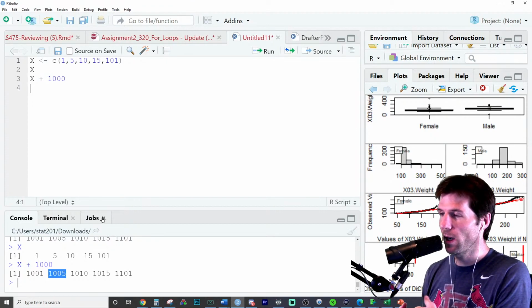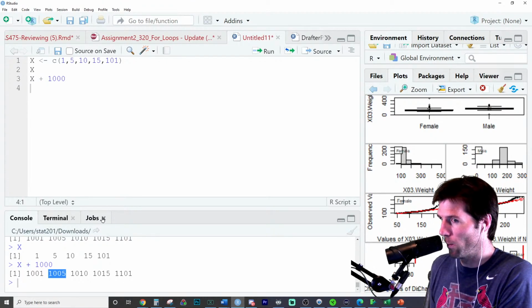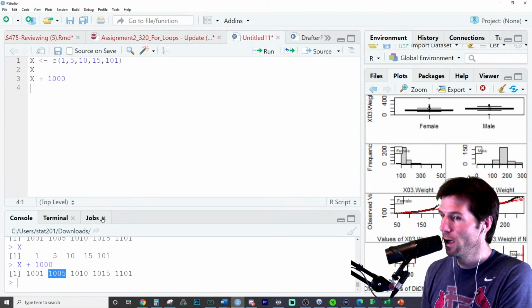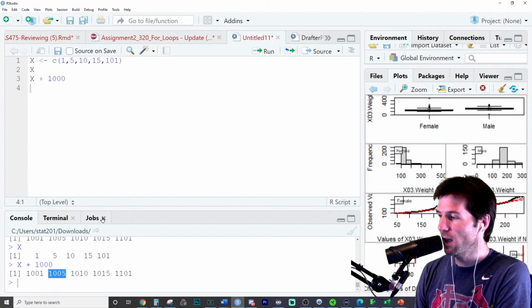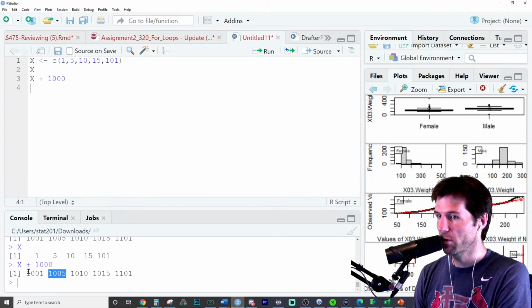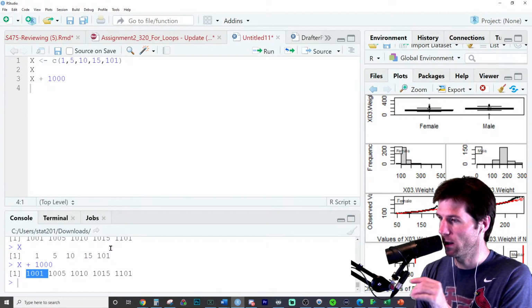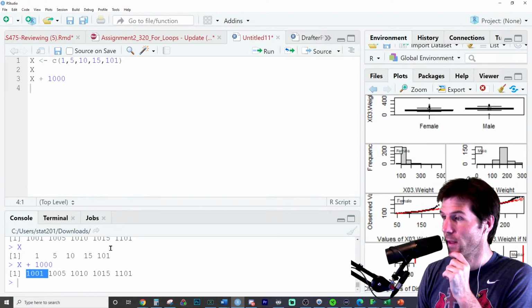But does this make sense if we ask people, how many pizza slices do you eat a month? And someone said, I eat 1. Another one said, I eat 5, 10, 15, 101. And then we just said, let's add 1,000 to that. So now here's the first answer, but with 1,000 added to it. Does that make sense conceptually? And that's what we're going to look at right here.